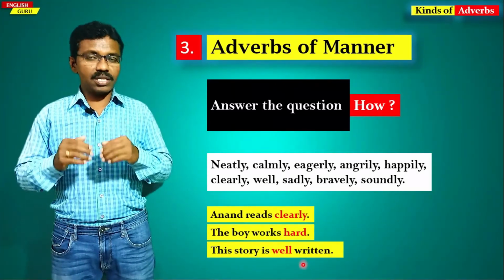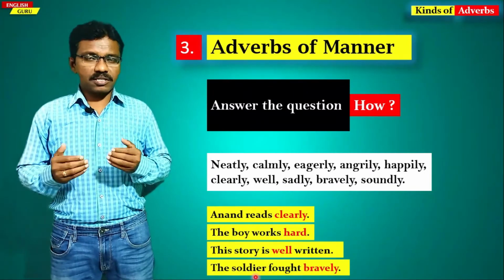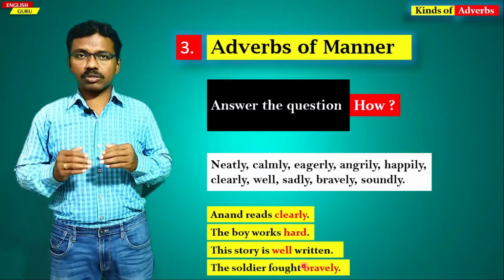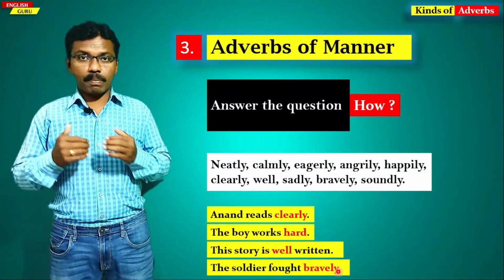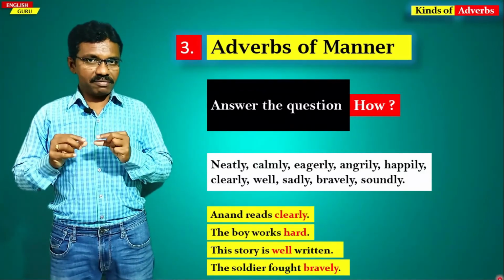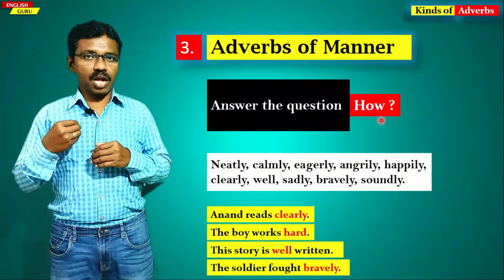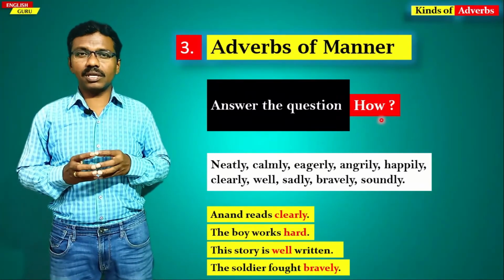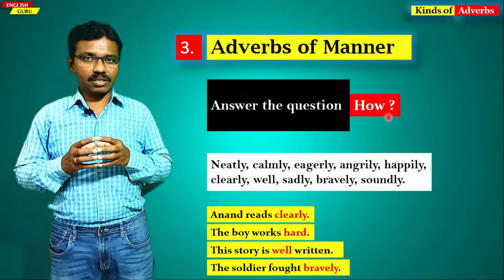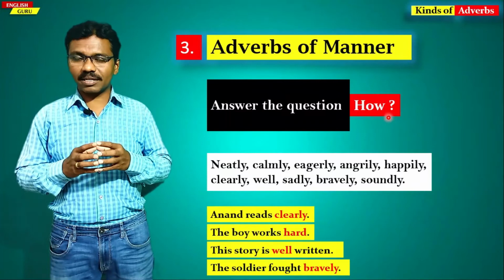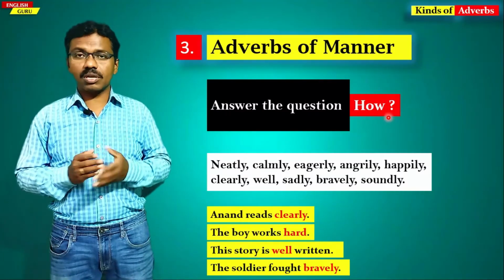The word well is an adverb of manner. And the next sentence is, the soldier fought bravely. How did the soldier fight? Bravely. The word bravely is answering the question how, right? That's the reason the word bravely is an adverb of manner. So adverbs of manner answer the question how.